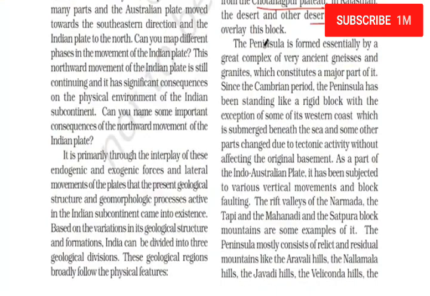Then, the peninsula is formed essentially by a great complex of ancient gneiss and granites, and since the Cambrian period, the peninsula has been standing like a rigid rock, with the exception of some of its western coast which is submerged beneath the sea, and some other parts changed due to tectonic activity without affecting the original basement.